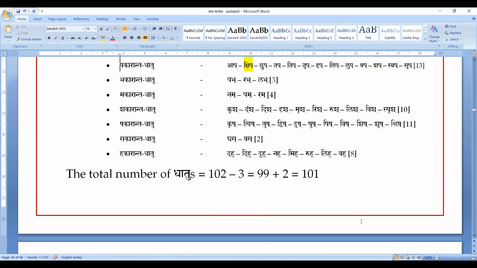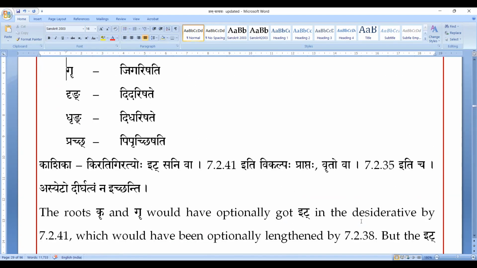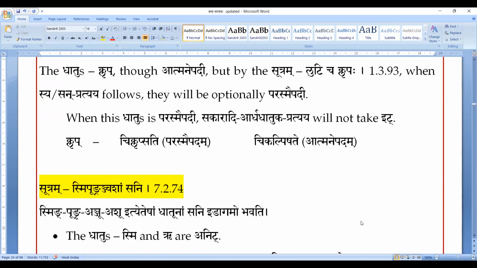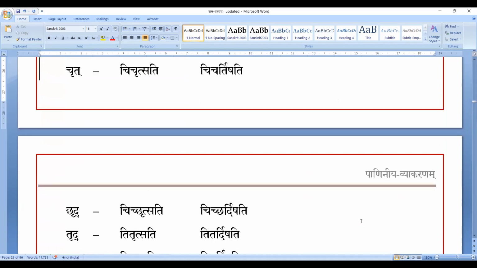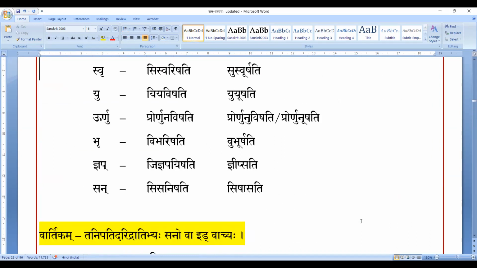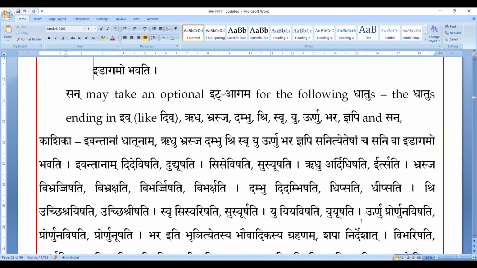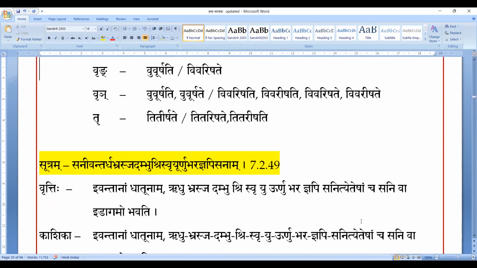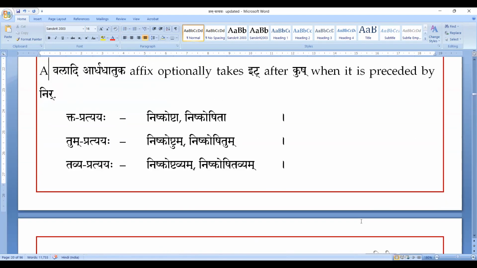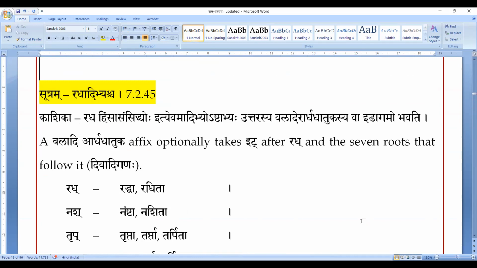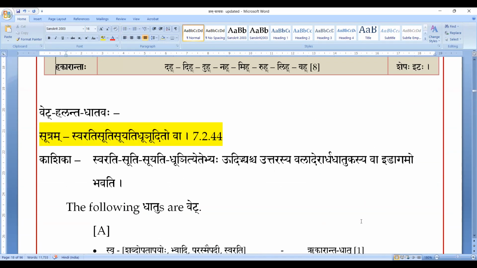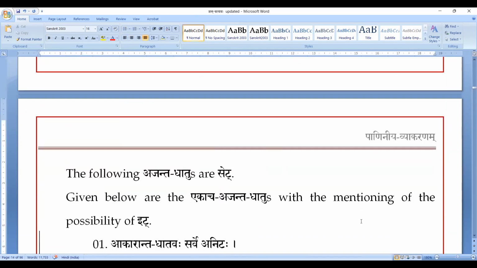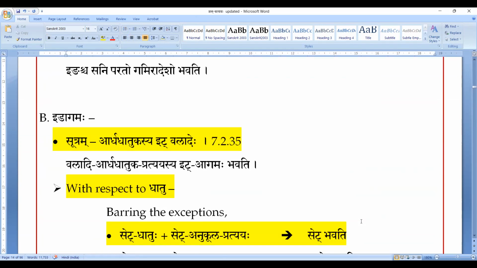Let me see the ajanta dhatus here. Not vet, it is it. It comes after vet. You have given that it is saniva, through all that you have given. One minute. After this, the following ajanta dhatus are vet.